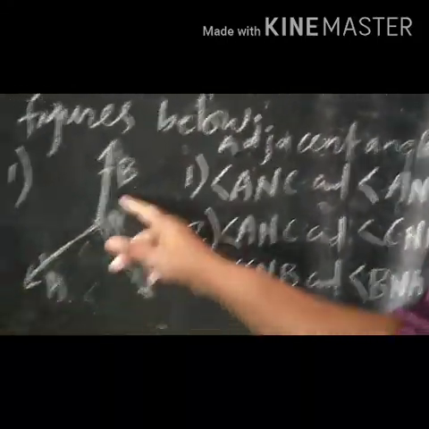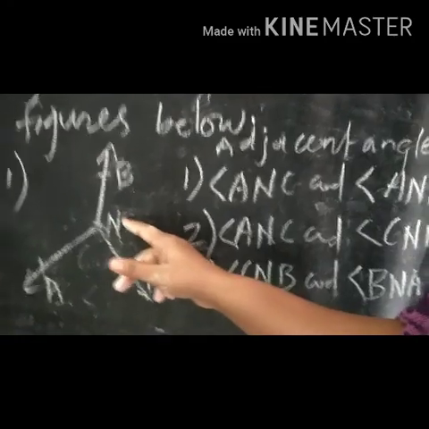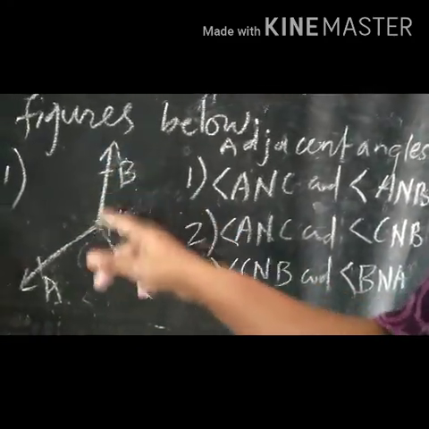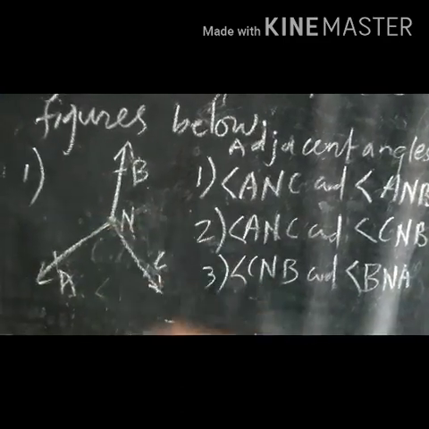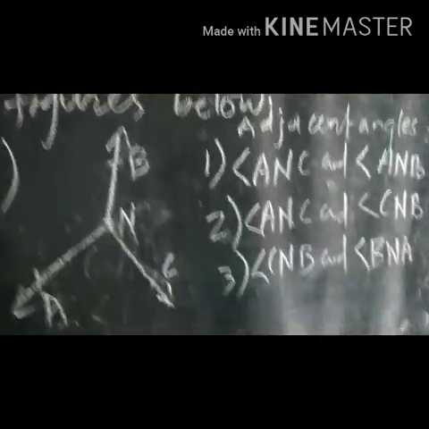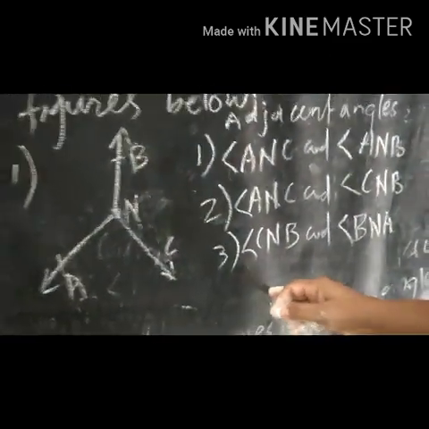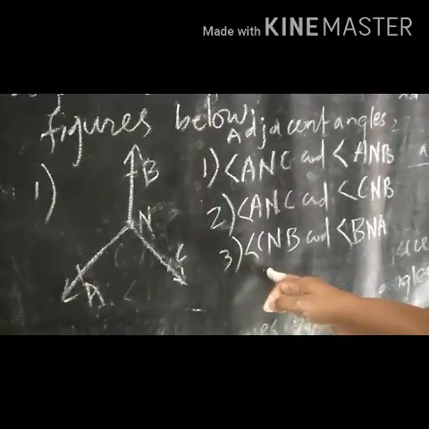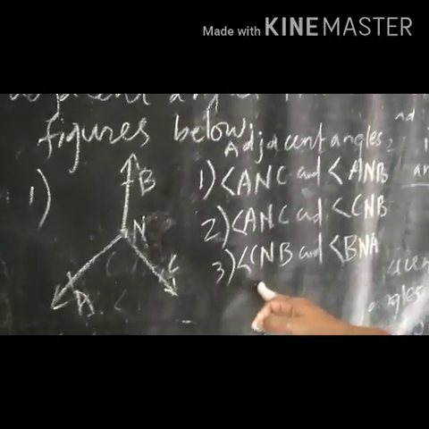Both the angles are adjacent angles and both are having common arm BN and common vertex N. So therefore these angles are called adjacent angles. So we found the pairs of adjacent angles here. We got here 3 pairs of adjacent angles.